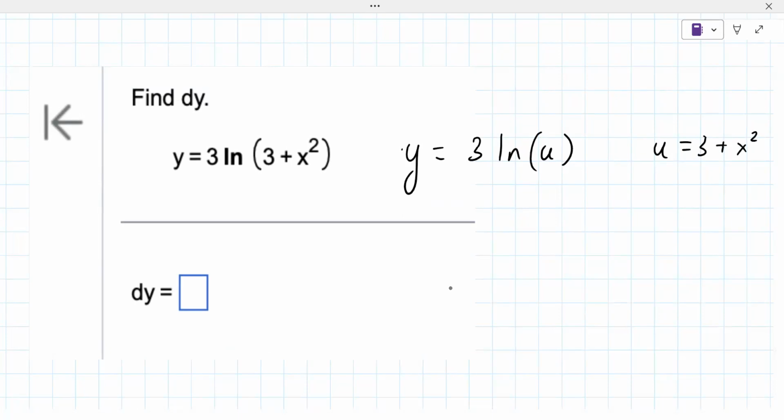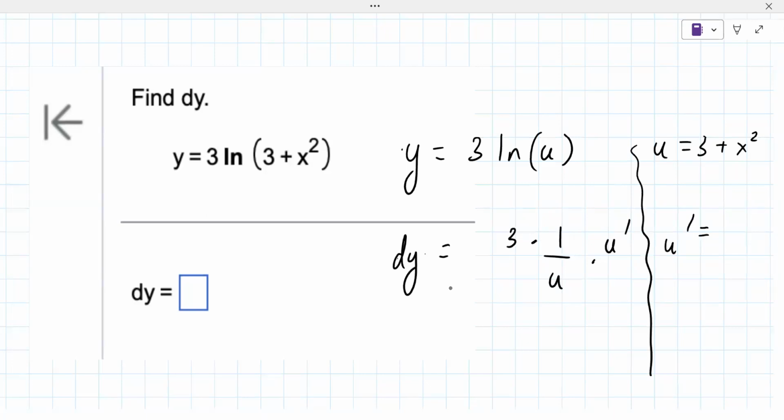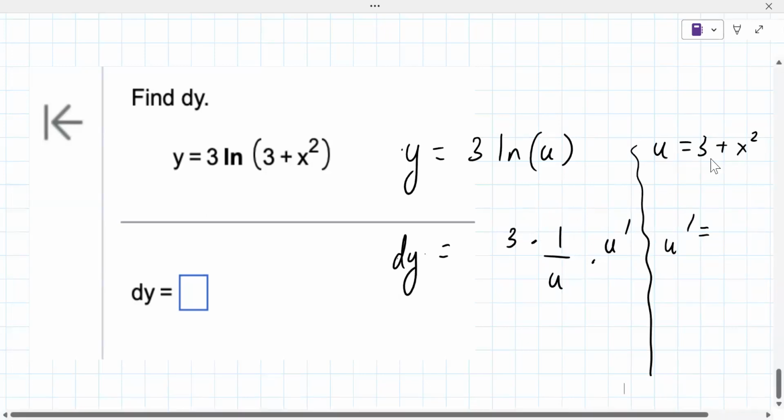All right, so dy here is 3 times 1 over u times u prime. Okay. And what's the derivative of u over here on the right? 2x.